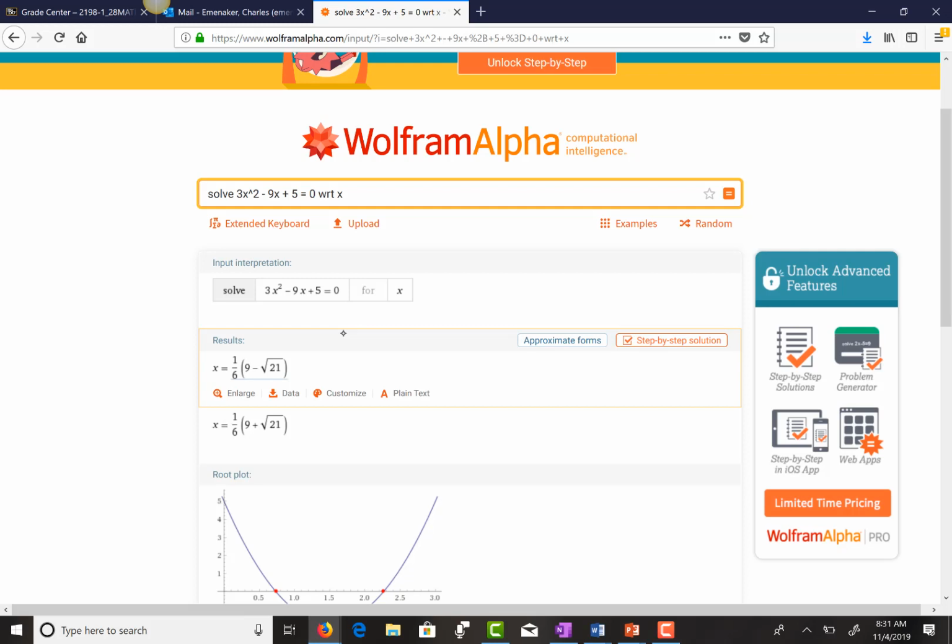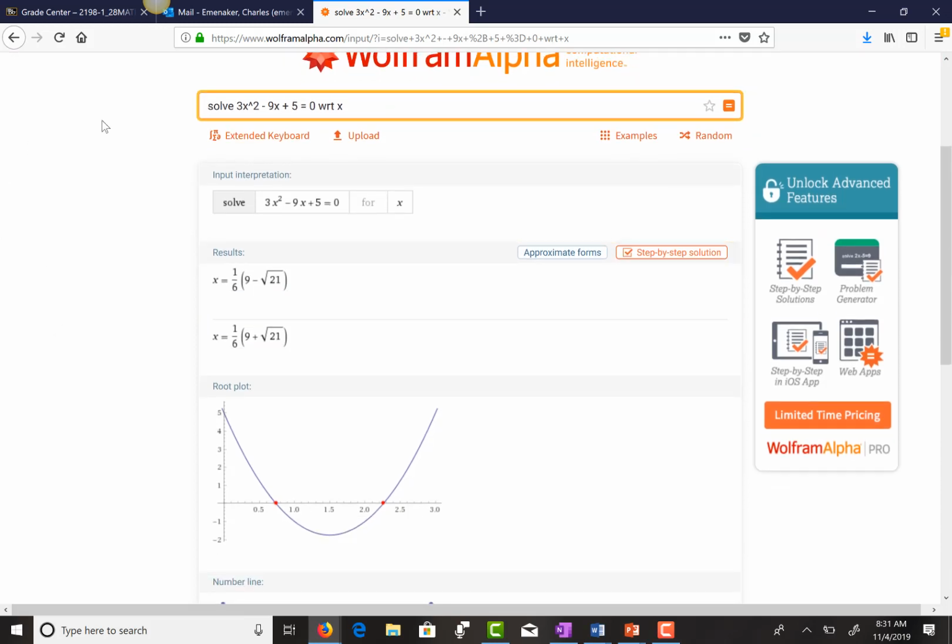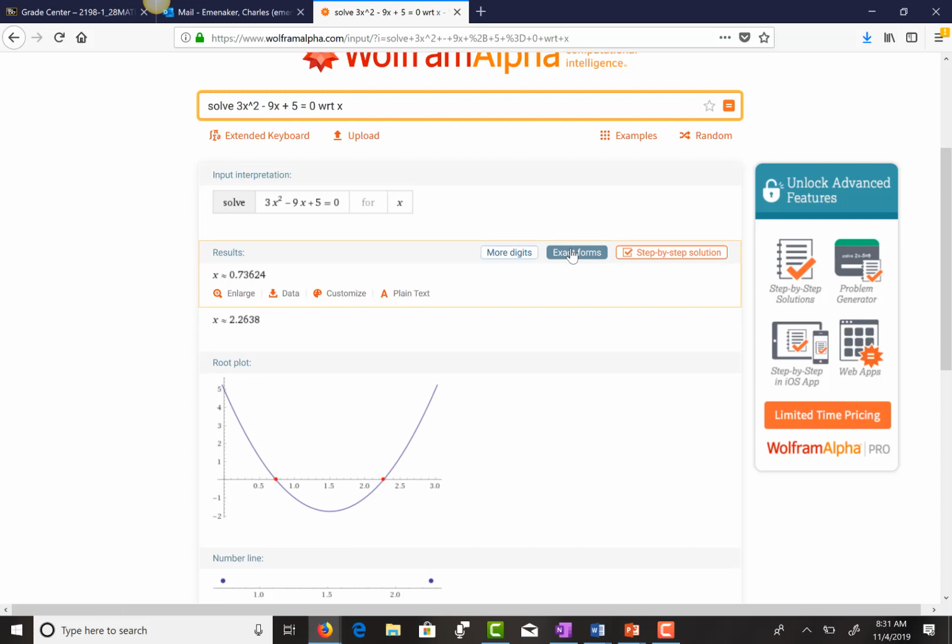Oh, look at there. And they're real roots. That means this thing has two vertical asymptotes. I'm going to switch this over to approximation form. Around 0.74 and 2.26. Does that make sense? Somehow or another, you got to get those two numbers.